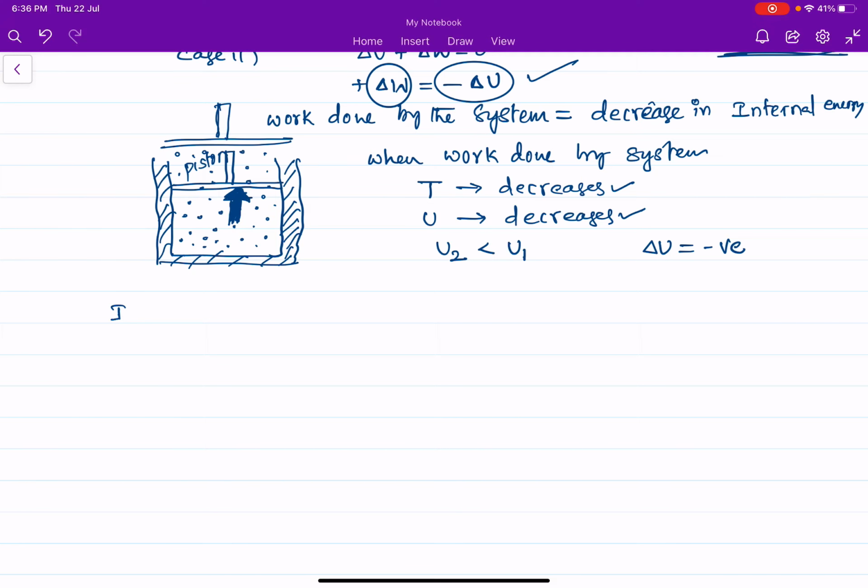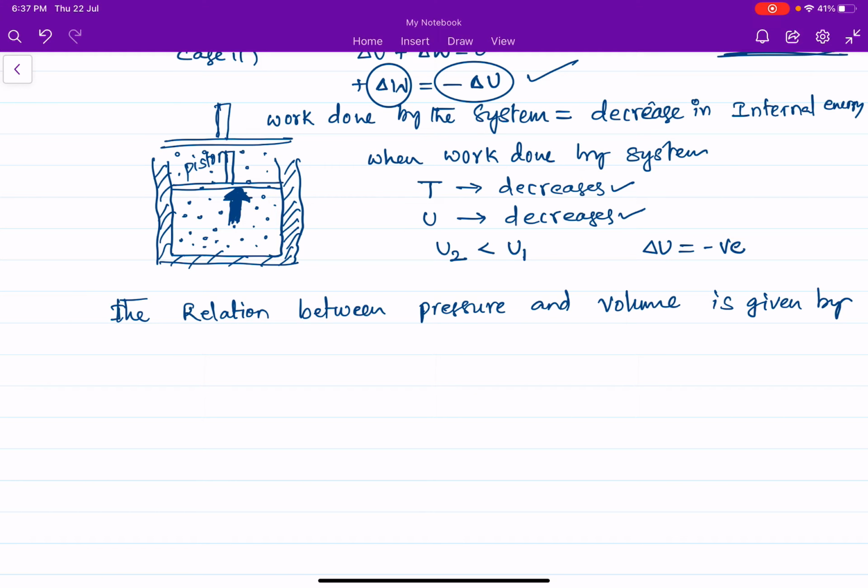In the adiabatic process, the relation between pressure and volume is given by PV power gamma is equal to constant. That means P1 V1 power gamma is equal to P2 V2 power gamma.